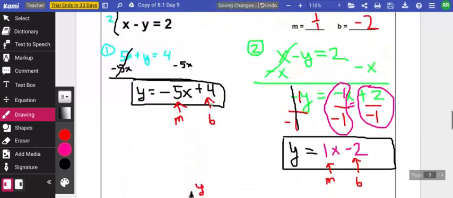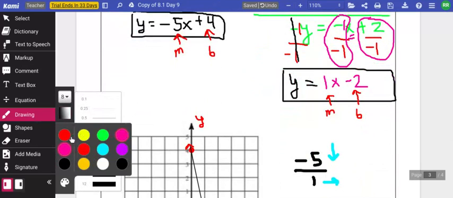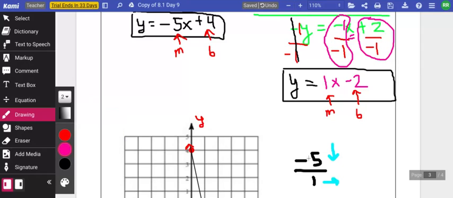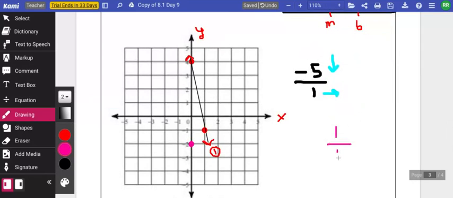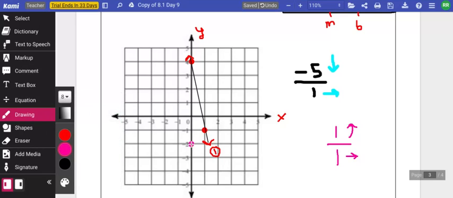Okay. Then how am I going to move? Well, m is 1, right, or 1 over 1. So my m is 1 over 1. This tells me to go up 1 and right 1. Okay, so let's do that. From B, I go up 1, right 1. Up 1, right 1.